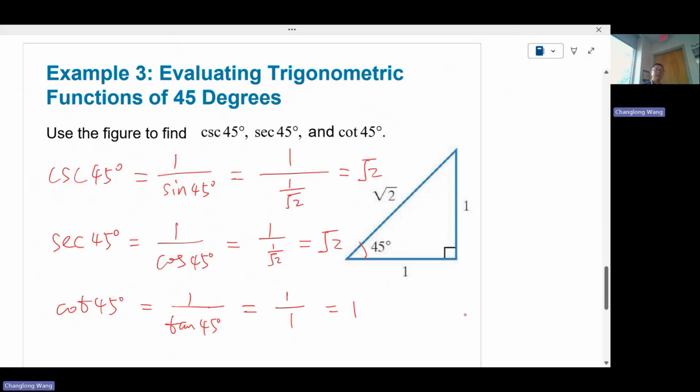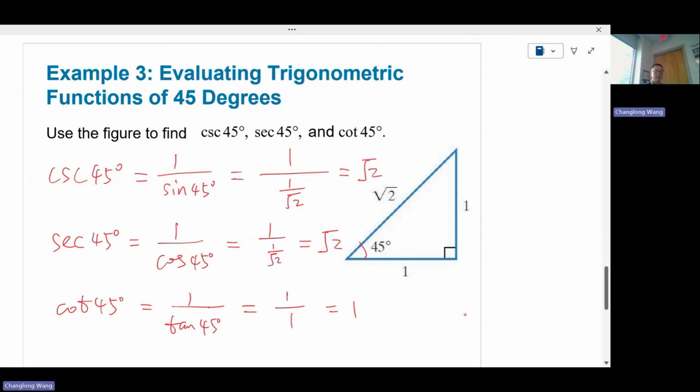And you see how nice it is, right? Even for those ugly versions of the three trig functions, as long as you're dealing with 45 degrees, you have a lot of things repeated. Not to mention you have the sine, the tangent and cosine of 45 being exactly 1.